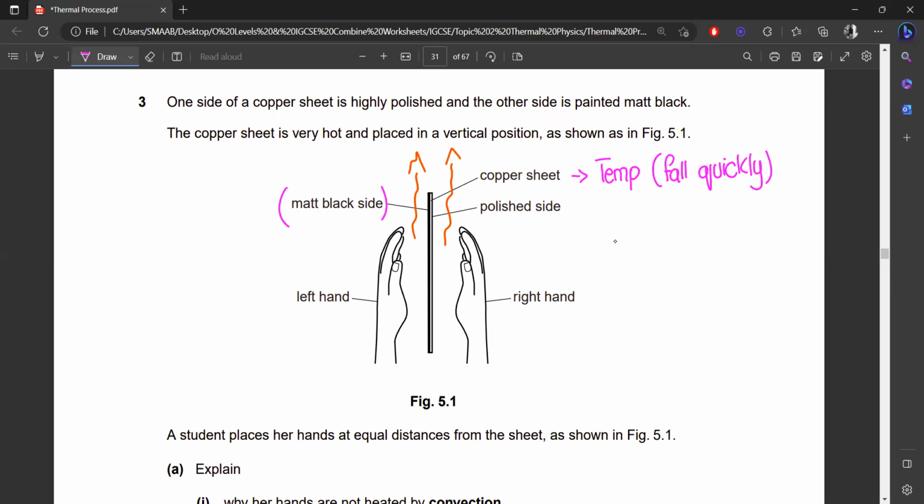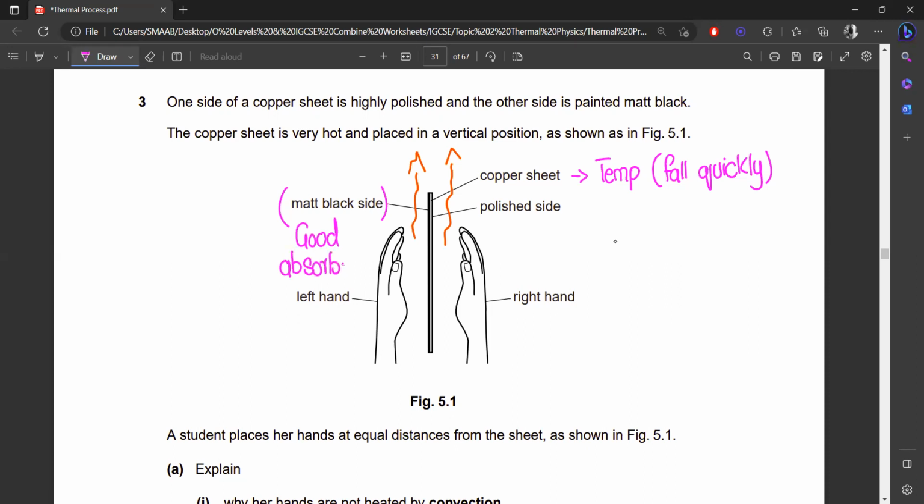So the purpose of conductor is to conduct heat. So the final temperature of copper will not fall quickly because it starts conducting heat from matte black side, because matte black side is a good absorber, and it is also a good emitter.